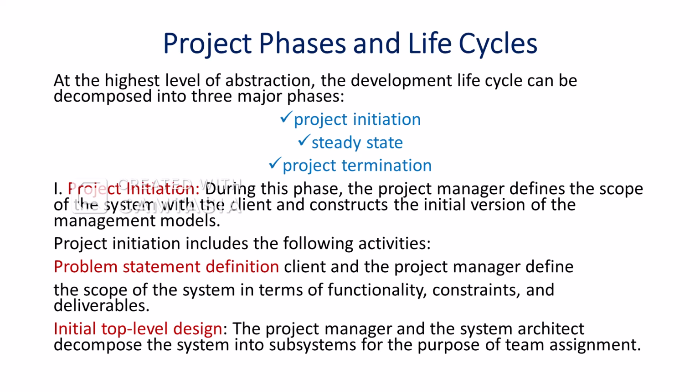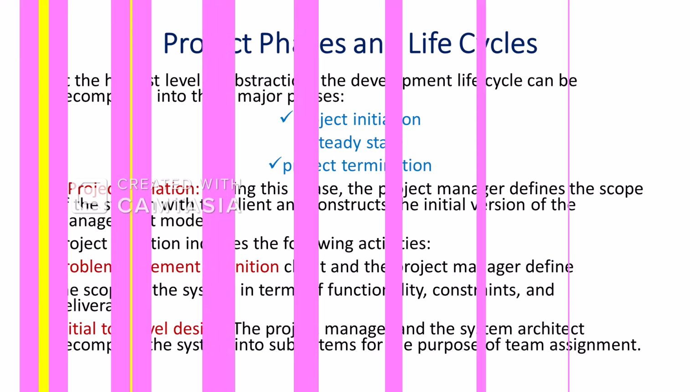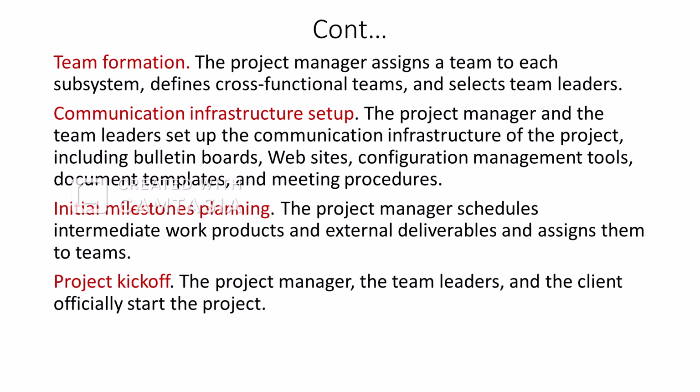The project manager and the system architect decompose the system into subsystems for the purpose of team assignment. Another thing to be performed is team formation. The project manager assigns a team to each subsystem, defines cross-functional teams, and selects team leaders.